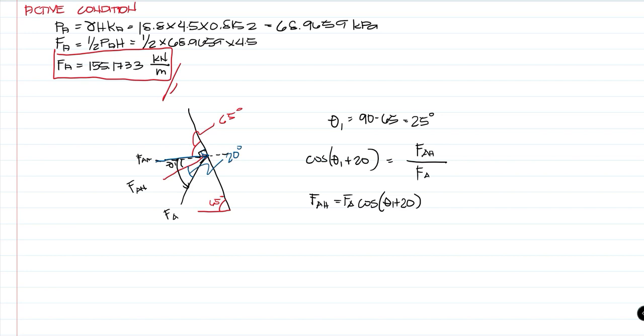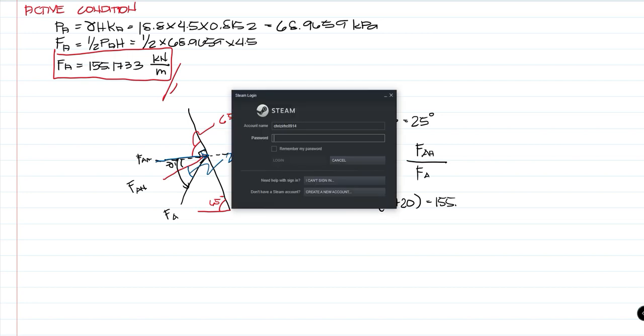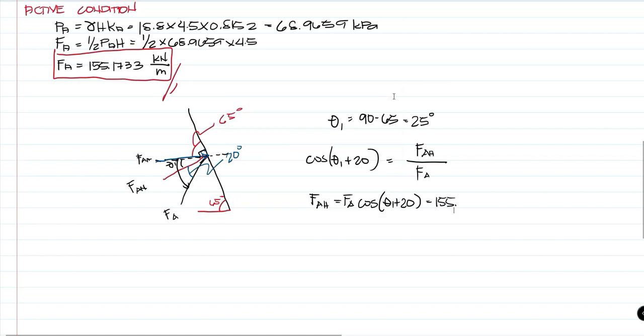Substituting the values, we can have 155.1733 cosine 25 plus 20.